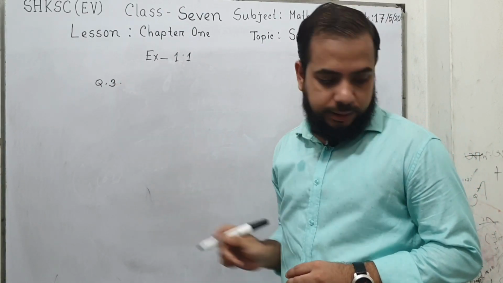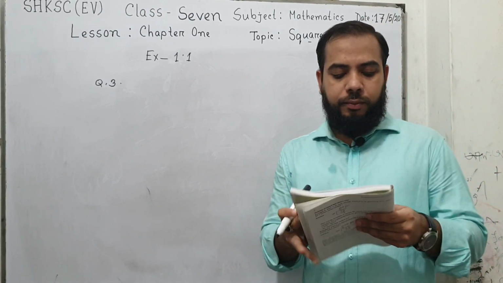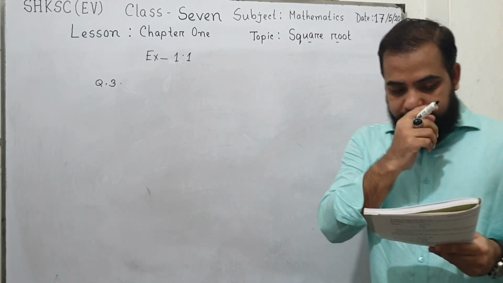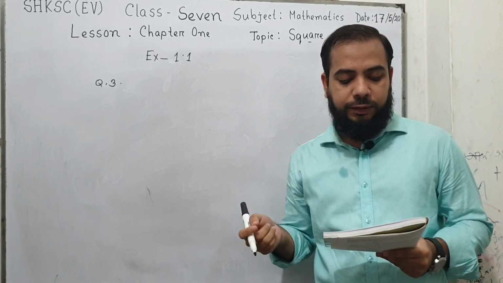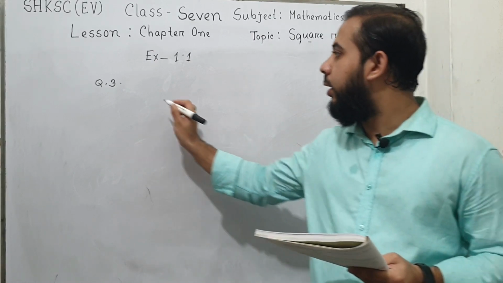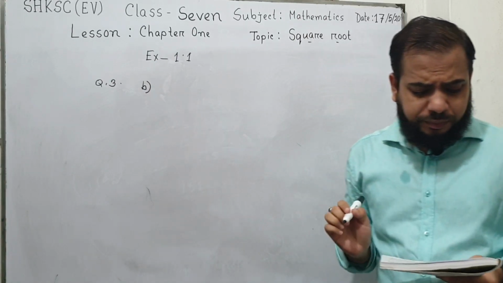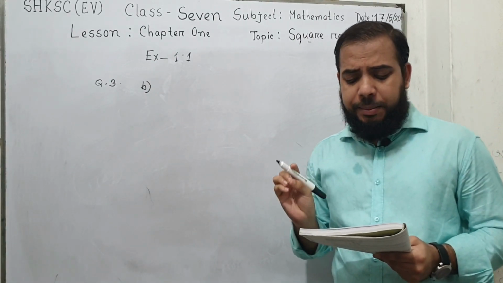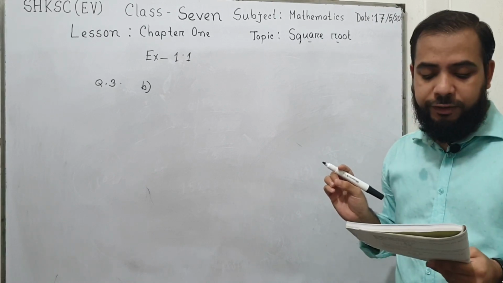The question asks: what is the least number which is to be multiplied with the following numbers to get a perfect square number? Let's do question number 3, 3b at first.